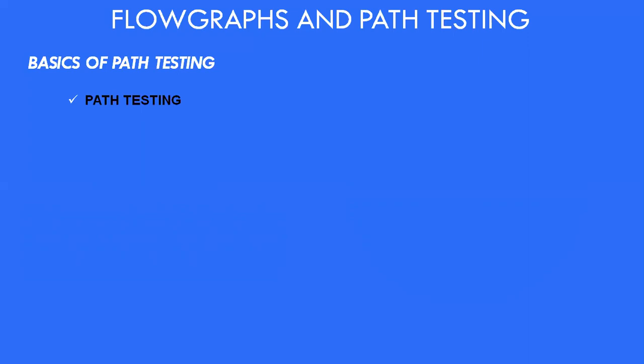If the set of paths is properly chosen, then we have achieved some measure of test thoroughness. For example, if we are able to pick enough paths to ensure that every source statement has been executed at least once.